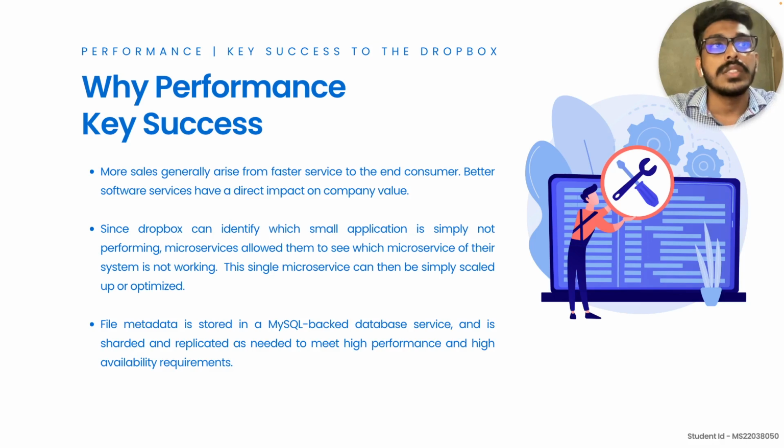Microservices allow Dropbox to see which small application is not performing, because the system is broken down into services. So they can directly identify which service is not working well, and they can apply changes and simply scale up or optimize.